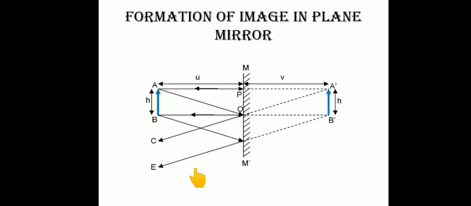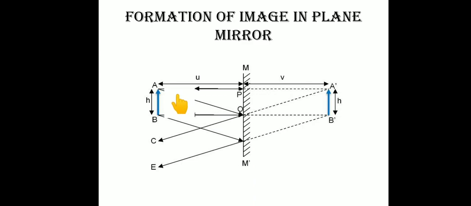Now, how is it happening? You can see from point A, one ray is falling on the mirror at point P. Another ray from point B is falling on point O. And likewise from A, one ray is coming in a diagonal way at point O.